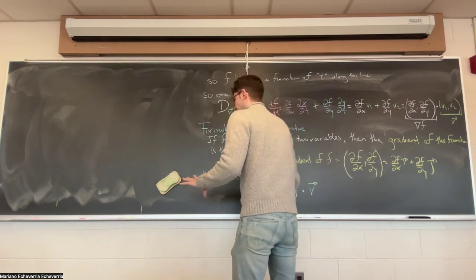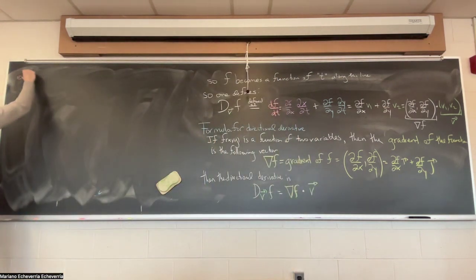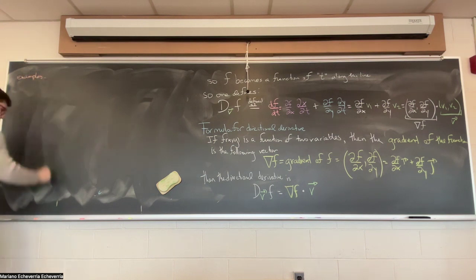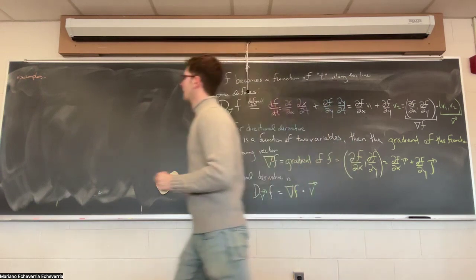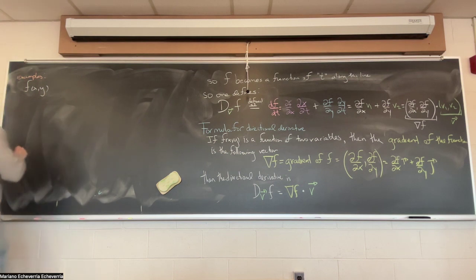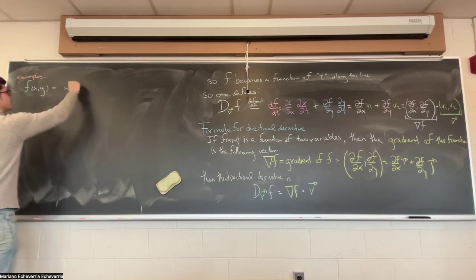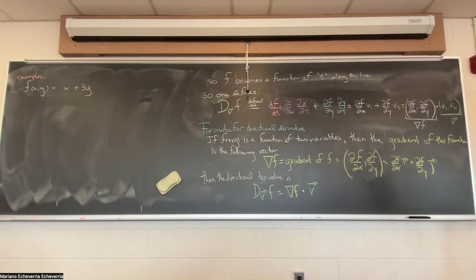Let me start with something easy and then I'll increase it a little bit. Here's a very basic thing you could do. You could take a function like x plus 3y. Okay, that's a function of two variables, right?